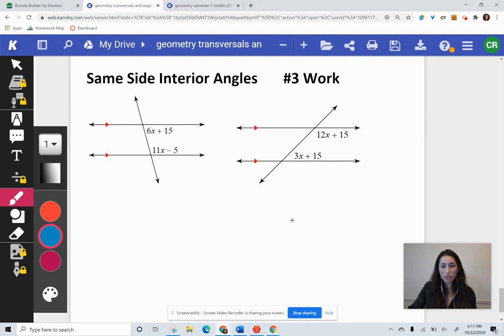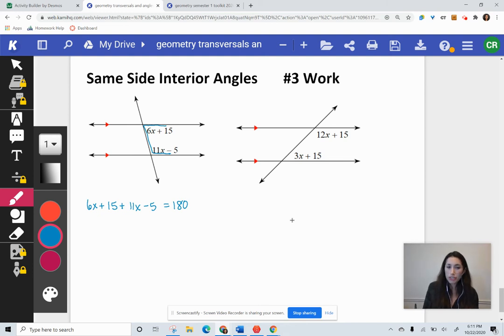Okay, and our last problem, we're going to practice actually solving for a variable based on same side interior angles. So remember these angles, one's acute, one's obtuse, they're not equal. We're going to add them to 180. So 6x plus 15 plus 11x minus 5, let's set that equal to 180.